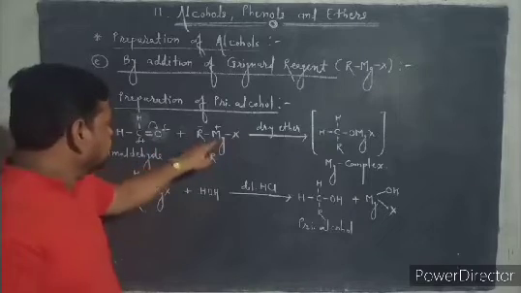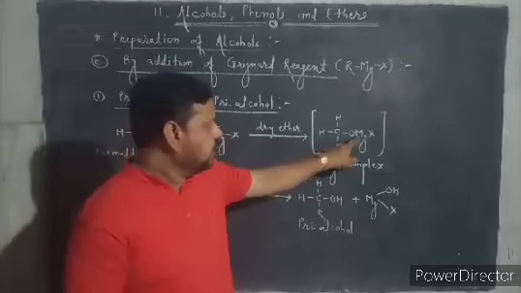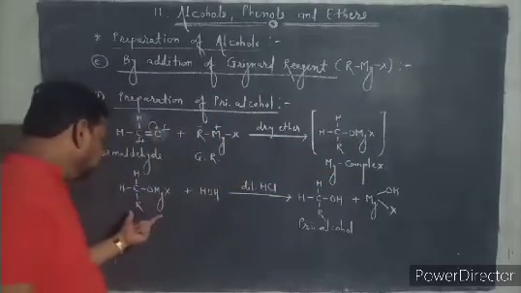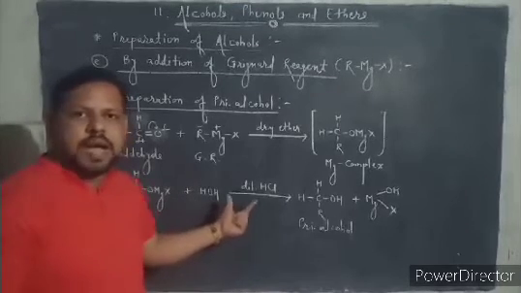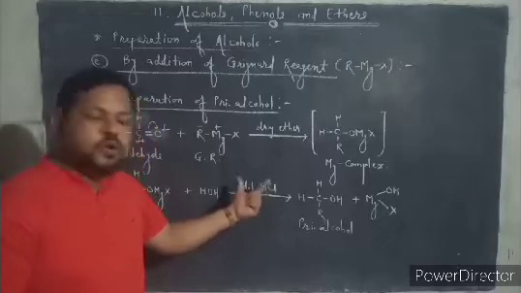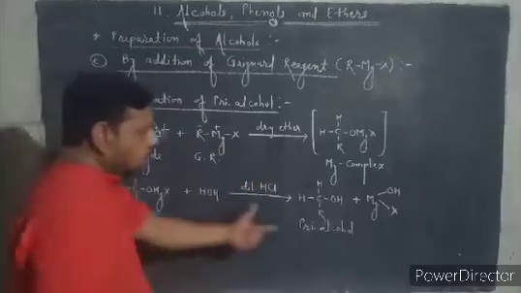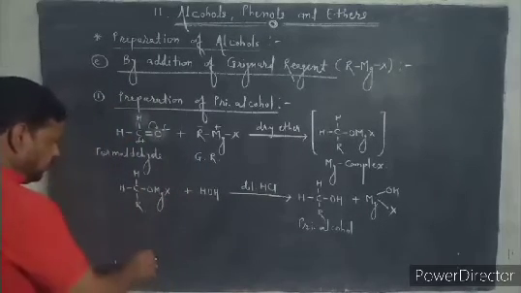Then MgX gets attached to this oxygen atom. See here. And it gives the magnesium complex. This magnesium complex is hydrolyzed by mineral acid like dilute HCl. Then it gives primary alcohol. See here how it is prepared.